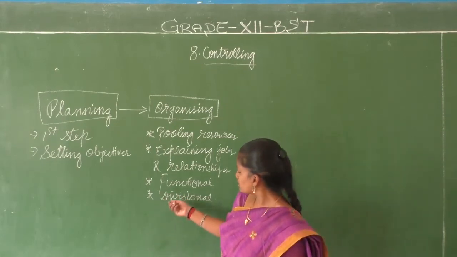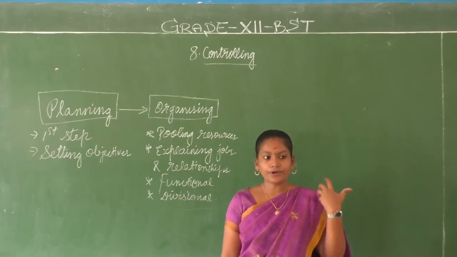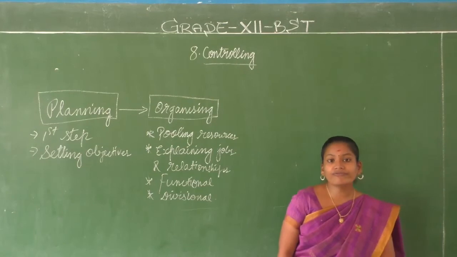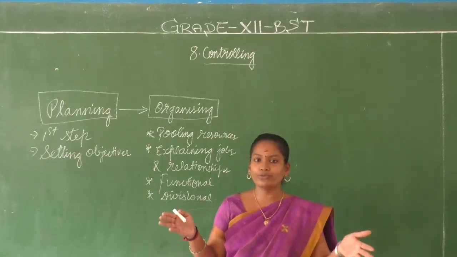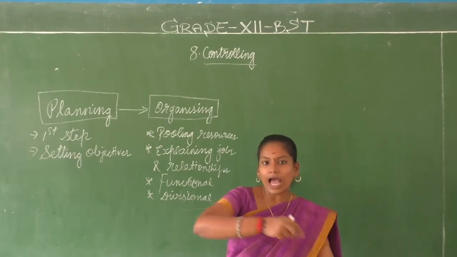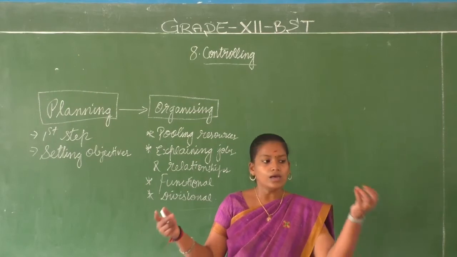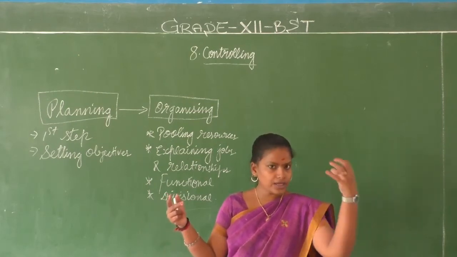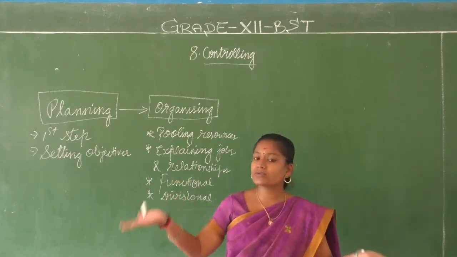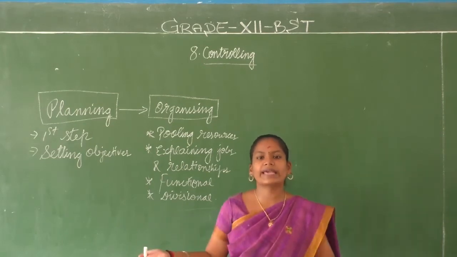What is a divisional structure? When an organization produces more than one category of goods, for example a company producing a food product as well as a health drink. Literally, there are such companies.